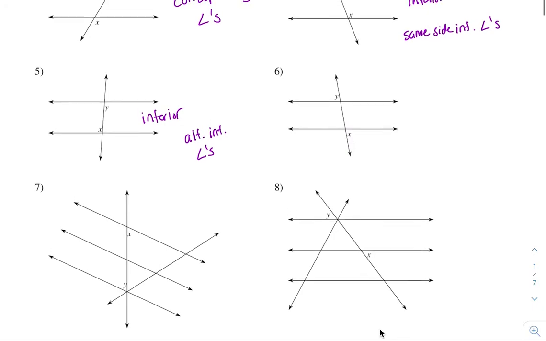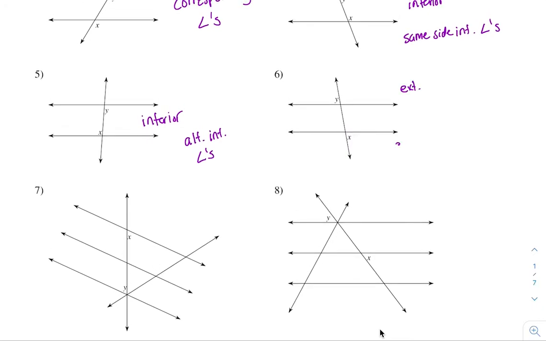Okay, so we're dealing with exterior, right? So this is going to be some type of exterior. In regard to this transversal, this is on the different side of this angle. They're not on the same side of that line. So as a result, these are going to be alternate exterior angles.